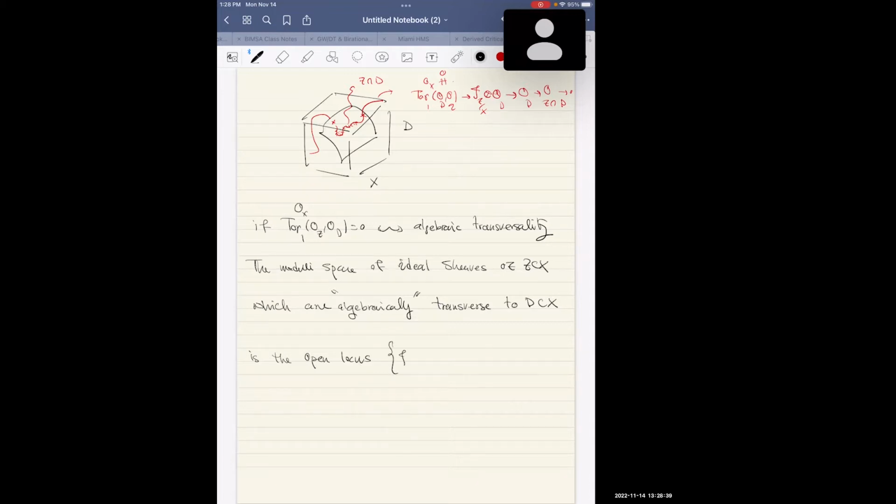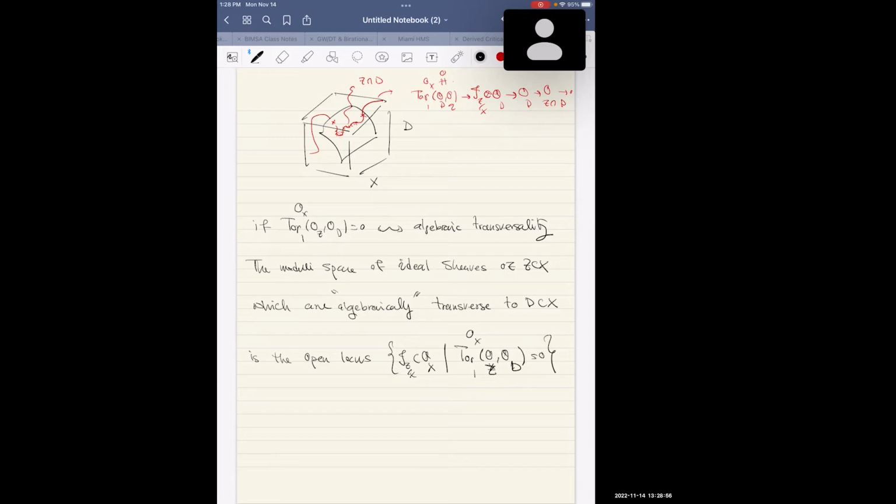The divisor is the open locus of all ideal sheaves, the subsheaves of OX, such that the Tor vanishes for them. This is an open condition.